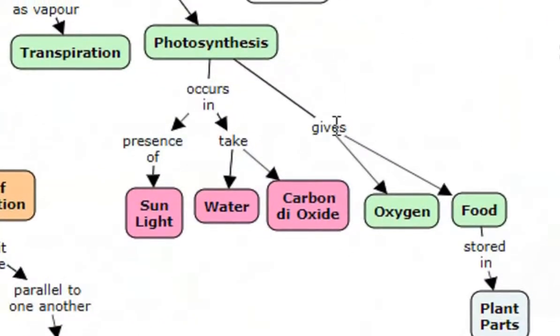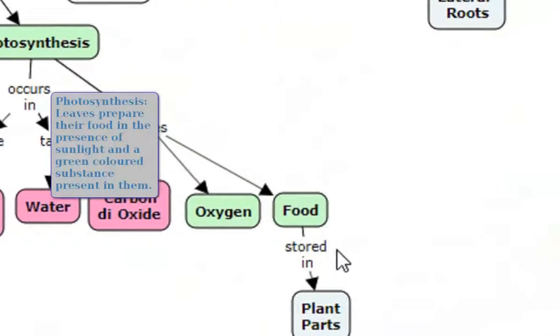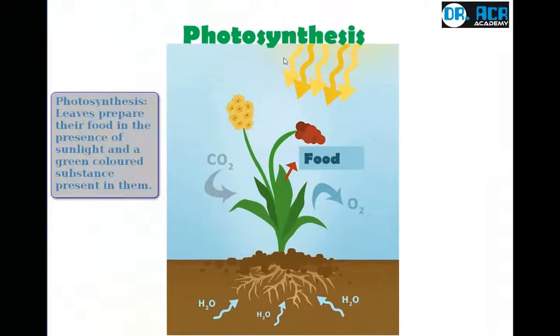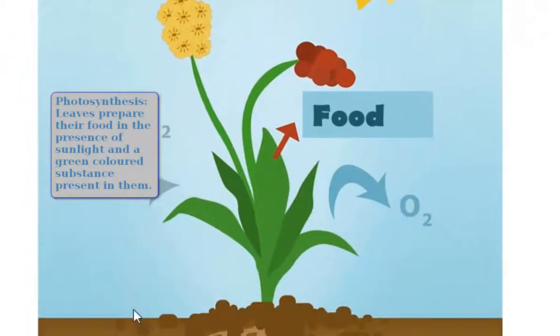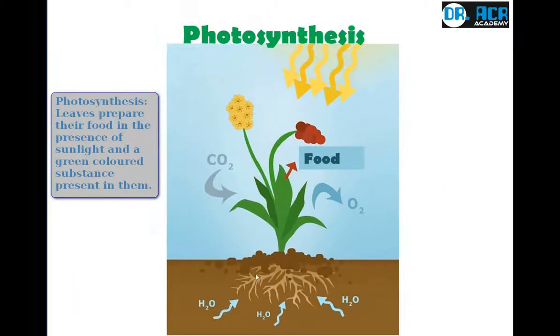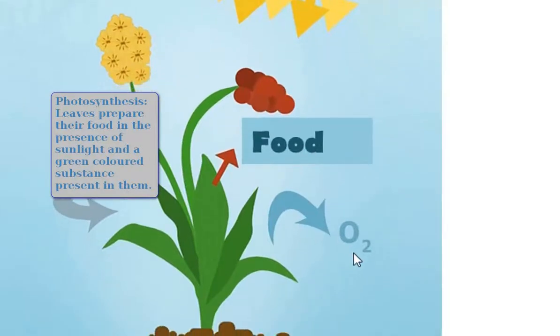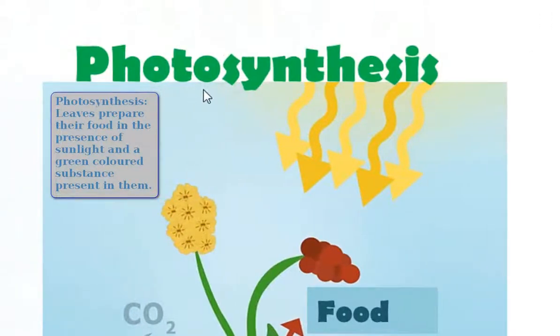Photosynthesis gives us oxygen and food. Food is stored in the various parts of the plant. In the presence of sunlight, carbon dioxide and water, the plant makes its own food and gives out oxygen. And this process is called photosynthesis.